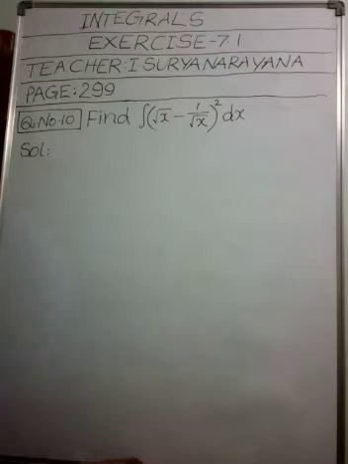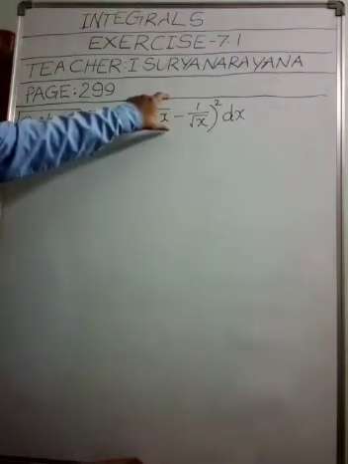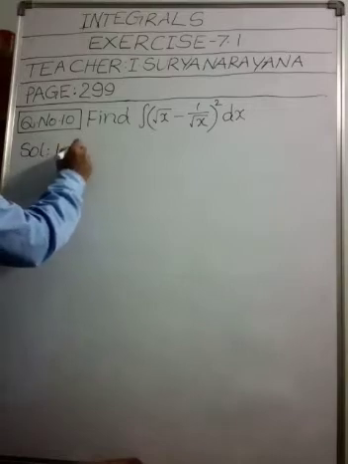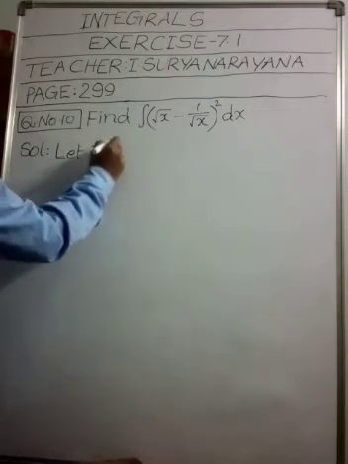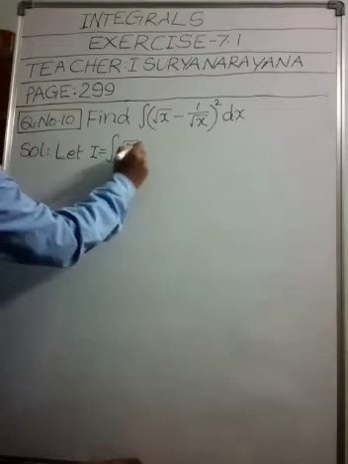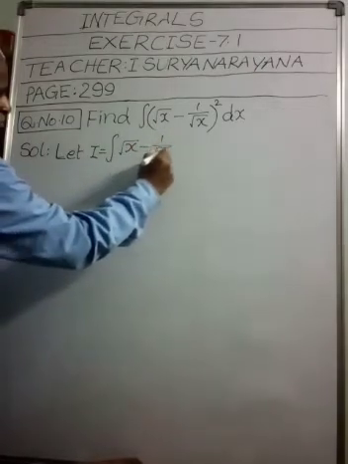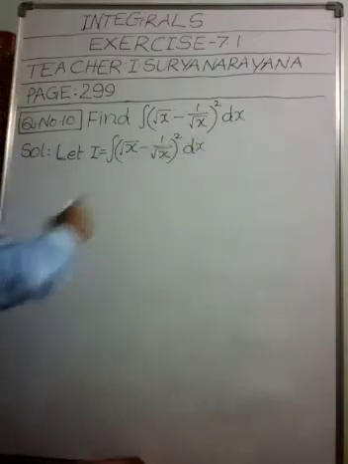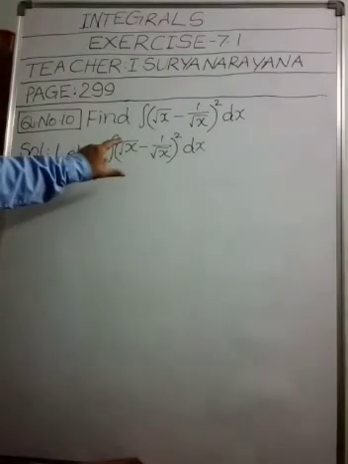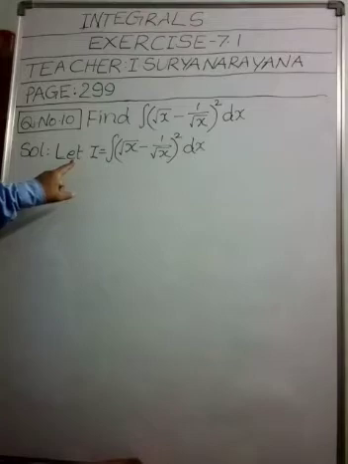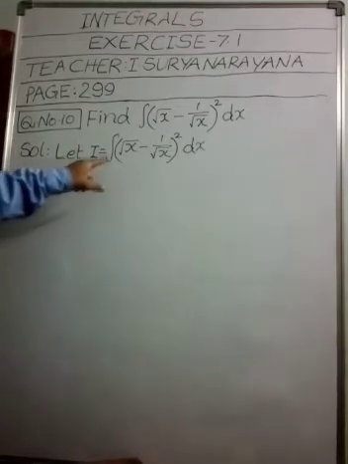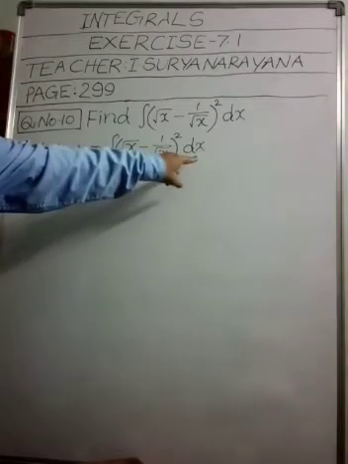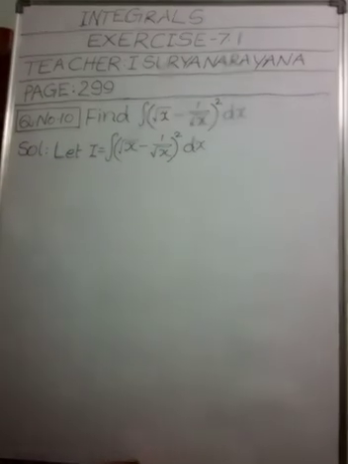First, let us assume that the given integral is I. So let I is equal to, this is the first step. We are assuming that the given integral is capital letter I. So I is equal to integral of root x minus 1 by root x whole square dx. Understood this first step, my children?